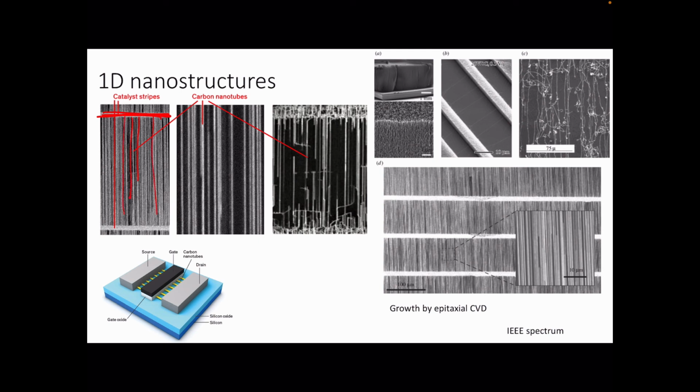Nanotubes are typically used in transport applications like this. So here you have two metal lines, you have nanotubes in between, you have a gate on top. This is a standard MOS structure. You apply potential and change the transport characteristics of the tube, and then you can use it for logic applications. But these things are still in research phase.